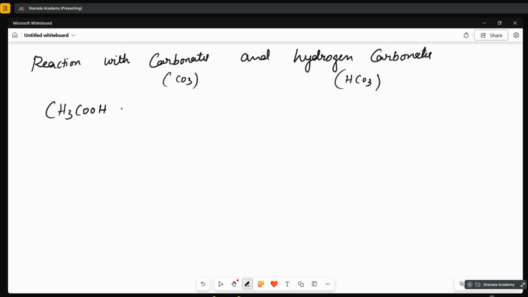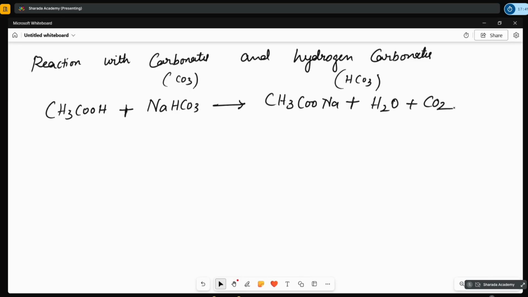CH3COOH. This is ethanoic acid. When it reacts with NaHCO3, that is sodium bicarbonate or sodium hydrogen carbonate, what will you get here? Same thing, sodium acetate, CH3COONa. Plus, what else is remaining here? Hydrogen and carbon. So, you will get water plus carbon dioxide.